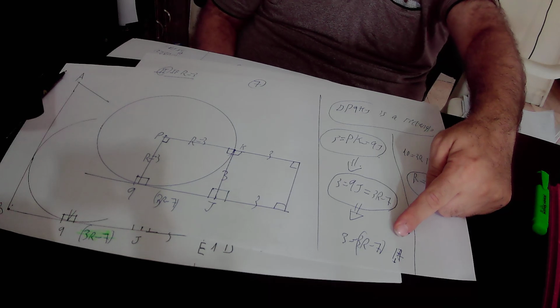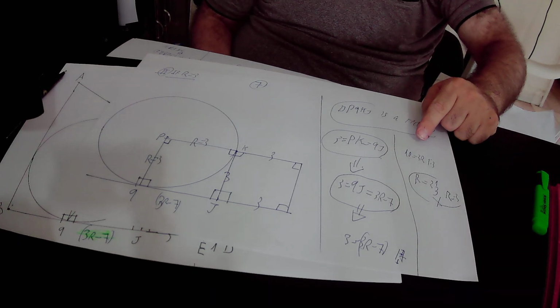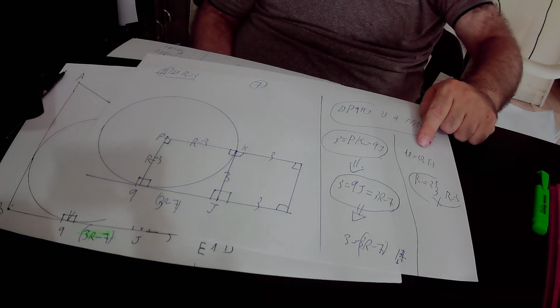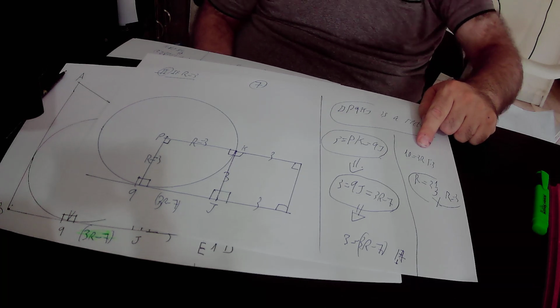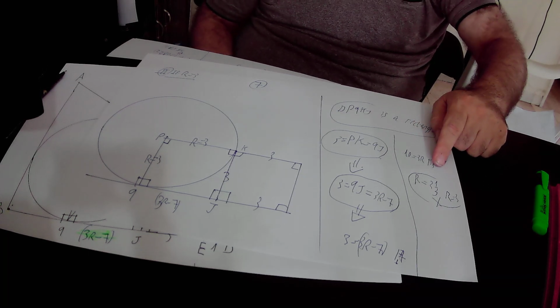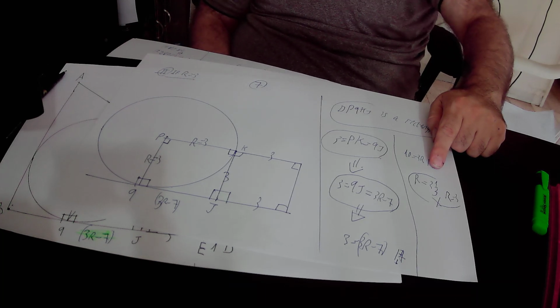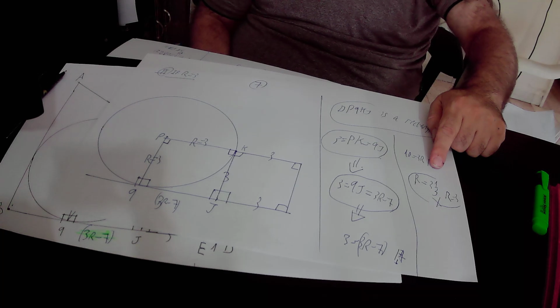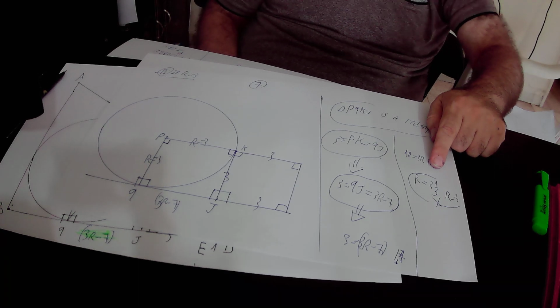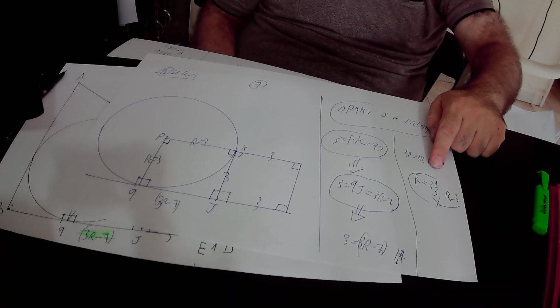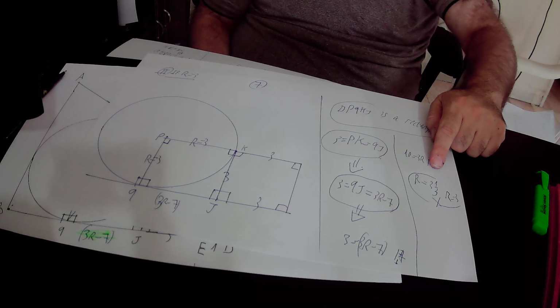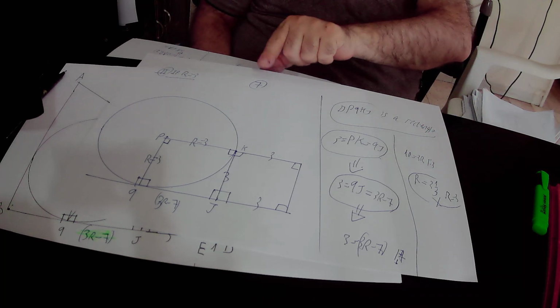Here we added 7 to this equation and found out that 3 plus 7 is 10, so 10 equals 3R. We divided this equation by 3 and found out that R equals 3 and a third. But according to our assumption, R equals 3. R cannot simultaneously be equal to 3 and a third, so due to the contradiction, we cancel this possibility. R cannot be equal to 3 units.